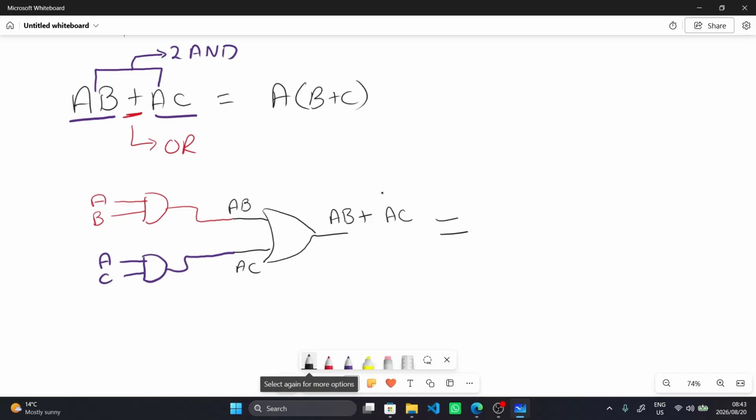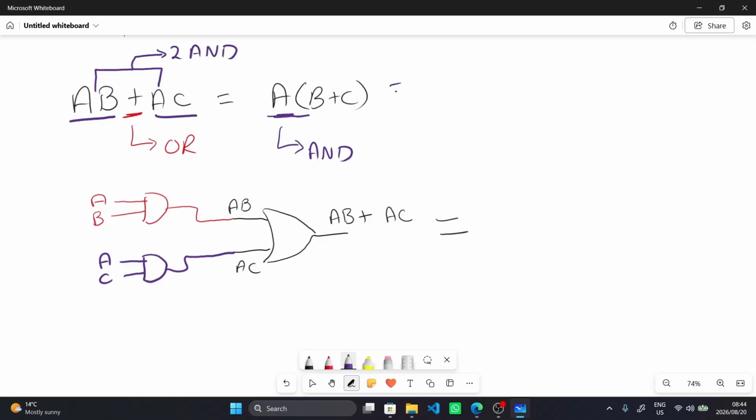Now this is reduced to this one using distributive law, meaning taking out the common factor. If you check this bracket here, that means multiplication, right? And multiplication is an AND gate. So just remember, if there's a bracket or anything like this, it's multiplication.